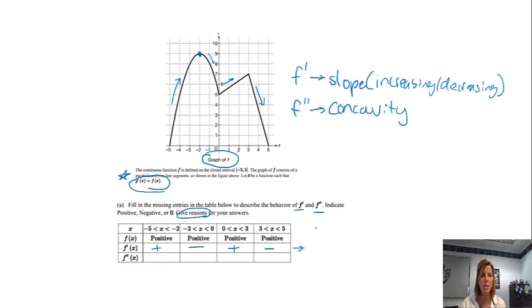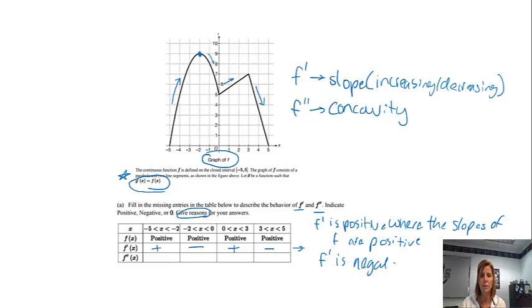If I want to give reasons for those, f prime is positive where the slopes of f are positive, or I could also say where f is increasing, and f prime is negative where the slopes of f are negative.